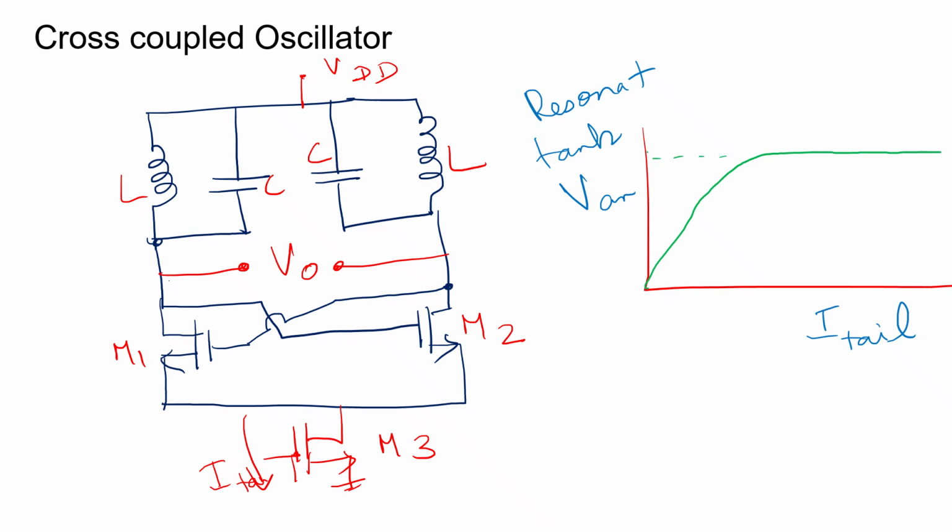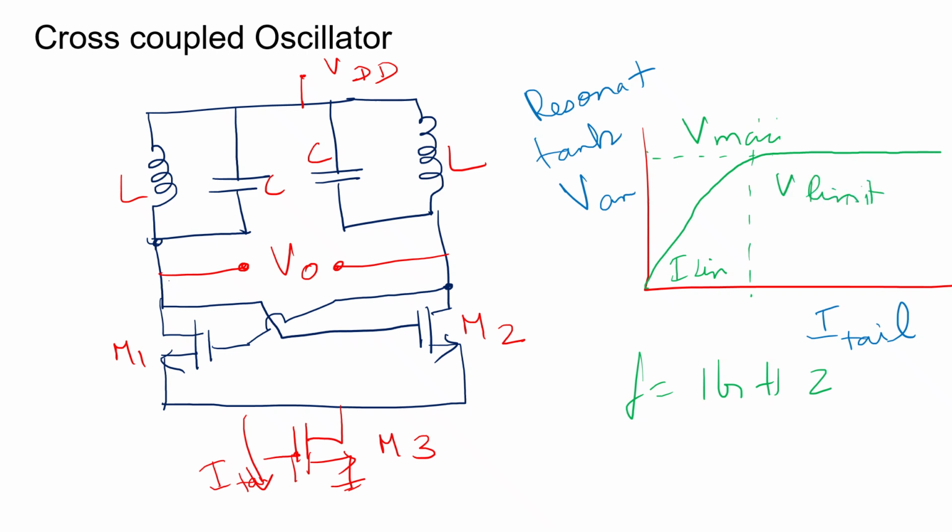This is for a quality factor of 10 and a frequency of 1 gigahertz. This is the current limited portion, and this is the voltage limited portion.